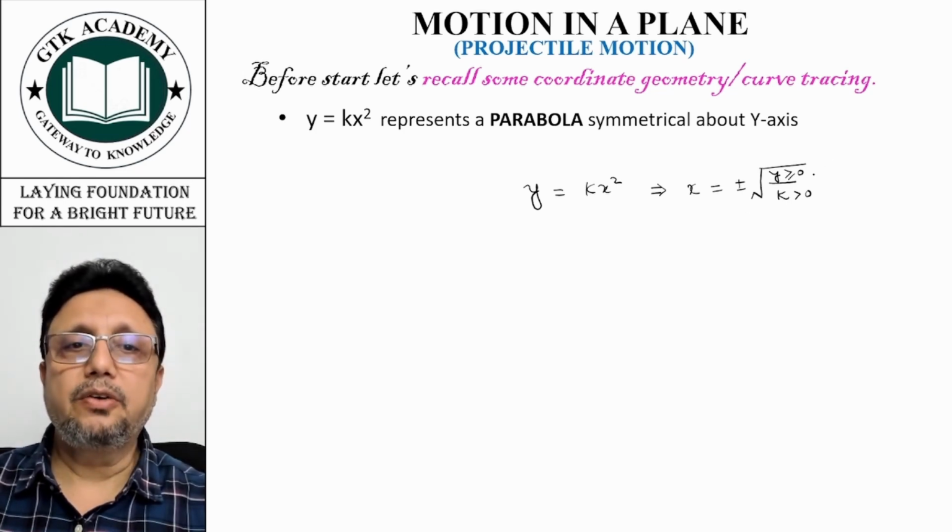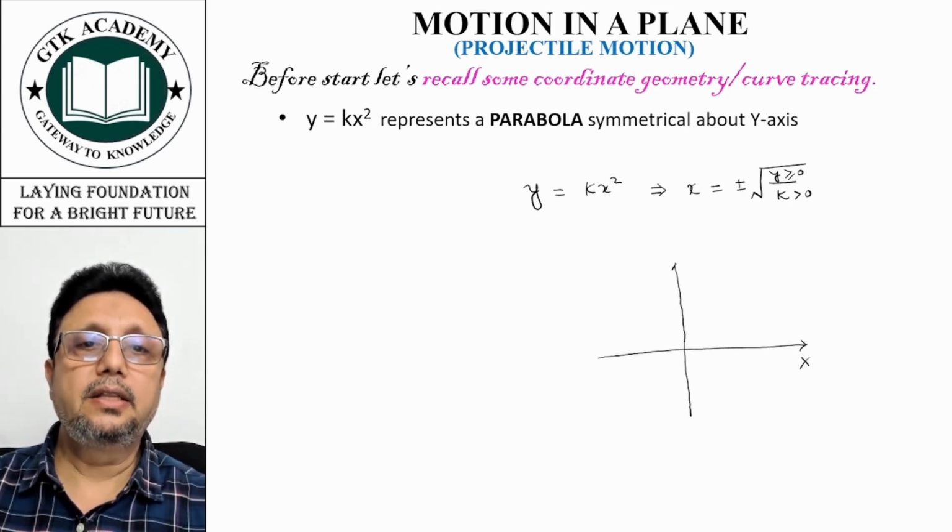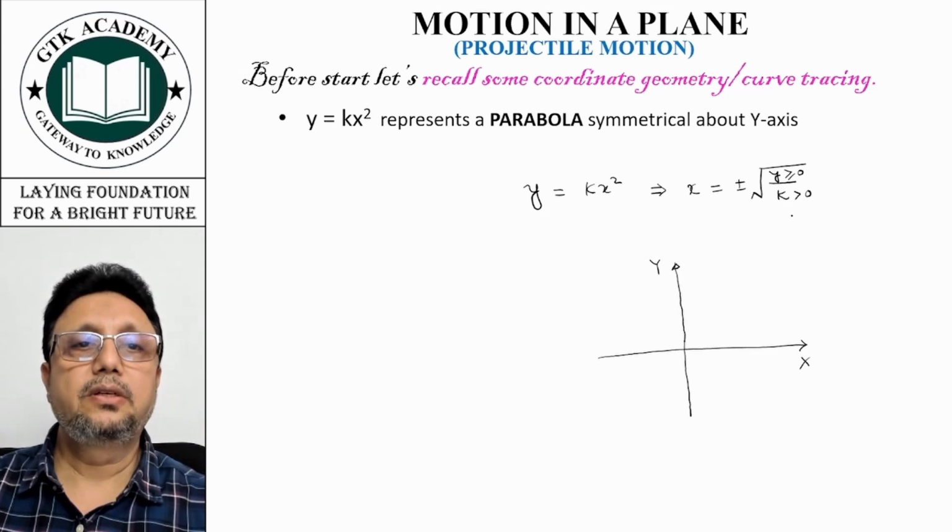So y cannot be negative, first of all. This is our x-axis and this is our y-axis. So y has to be positive. That means y will only have values on the positive side, and it can have the minimum value as 0.